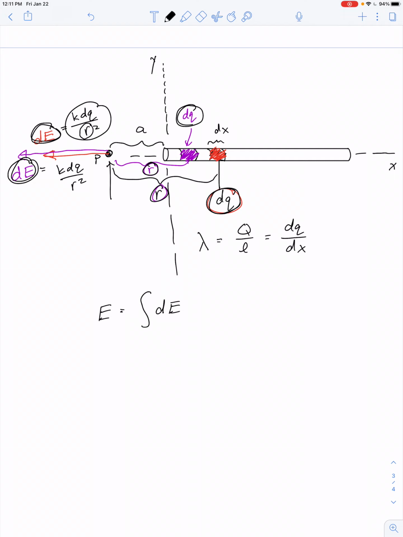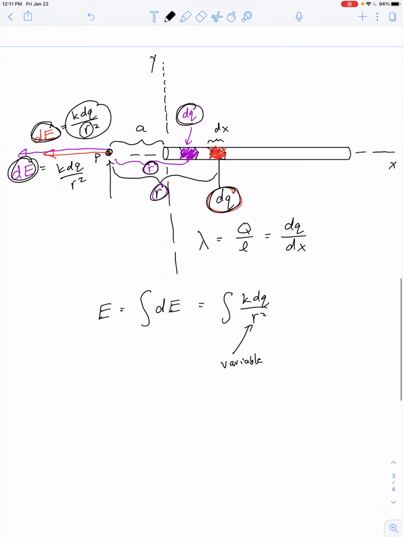So r becomes the single variable for our calculus. So we make the substitution that E is the integral of k dq over r squared. Like I say, we want r to be the variable, but we notice the element of integration is dq.